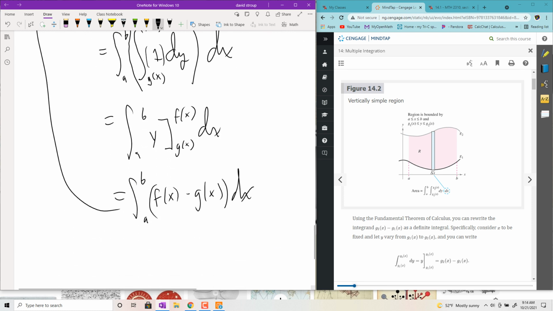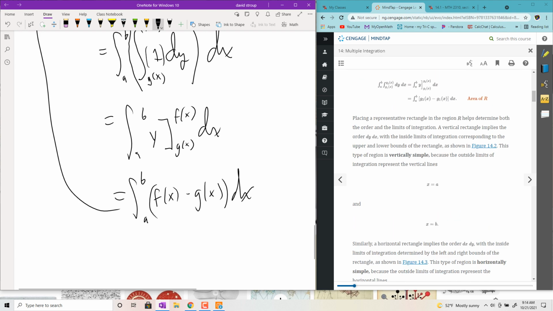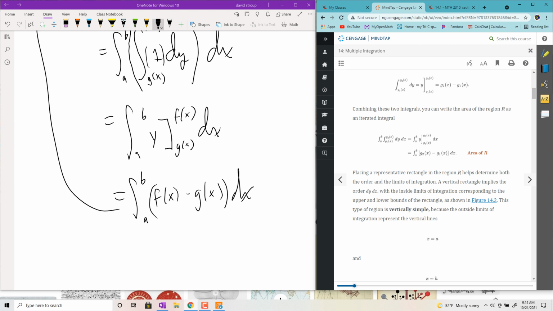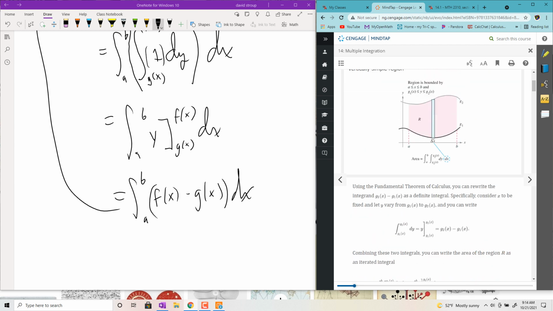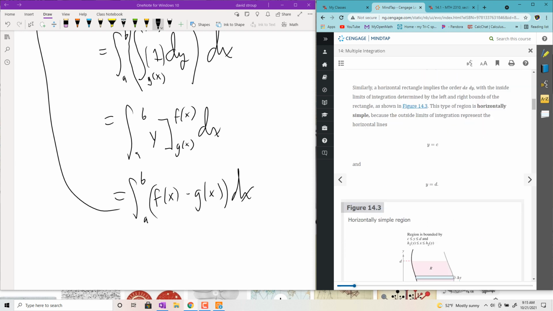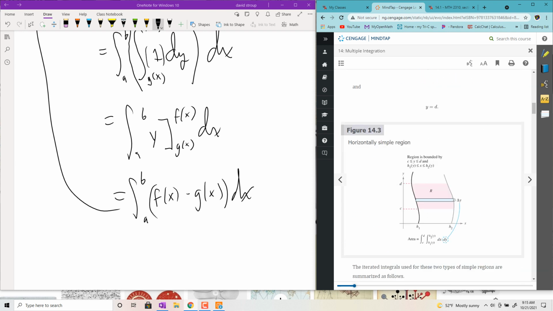You can think of it either way, but when we do these, we need to have simple regions, and simple regions just means that we can basically go curve to curve and then line to line. So this vertical region, you see the boundaries on the left and right are vertical lines. That means it's vertically simple. Okay. Horizontally simple is just the other orientation.